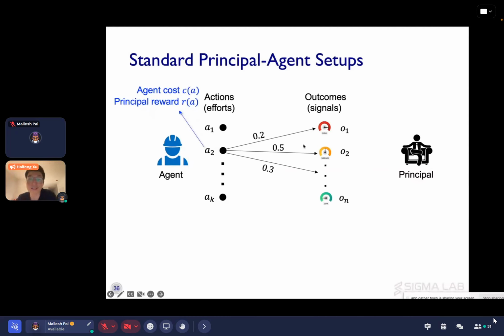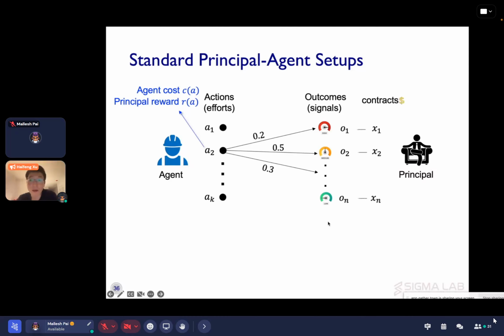Instead, it can only observe some outcome of the action. So for example, if you take action A2, there's a 20% chance you will observe outcome O1, which is a very good outcome. With 50%, you will observe outcome O2, and the other outcomes as well. And you should really think of this as a signal, as in the information design problem.